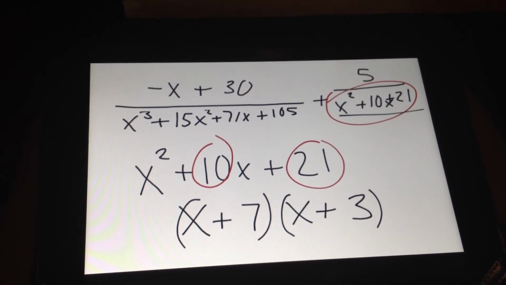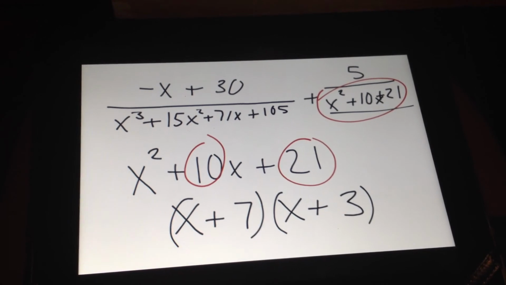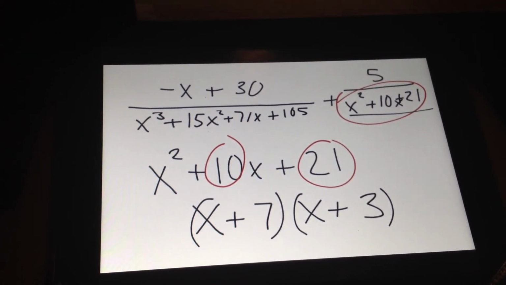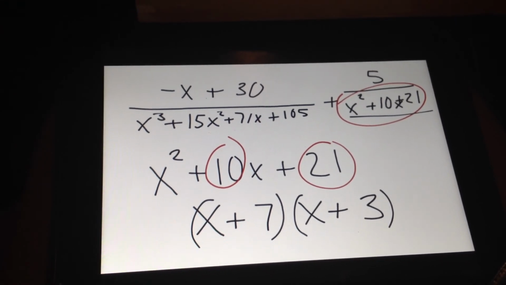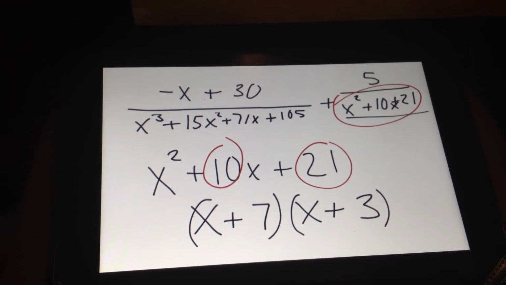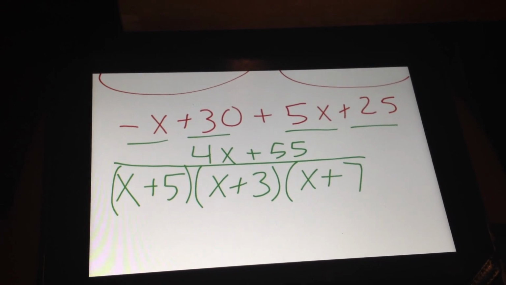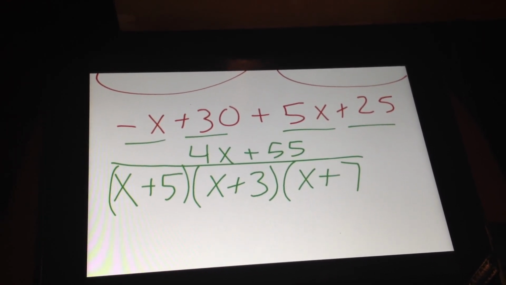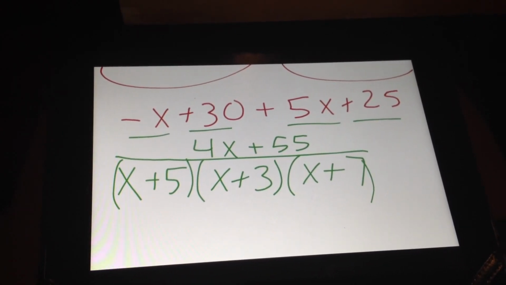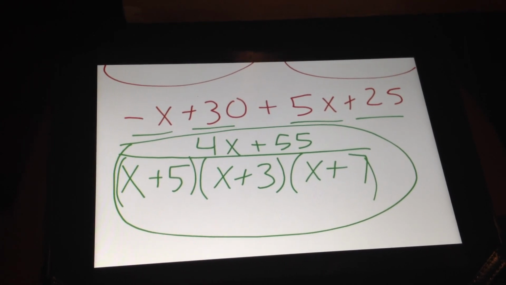What is negative x plus 30 over x cubed plus 15x squared plus 71x plus 105, plus 5 over x squared plus 10x plus 21? Well, the answer is 4x plus 55 over x plus 5 times x plus 3 times x plus 7. And that's how you would add two rationals together.